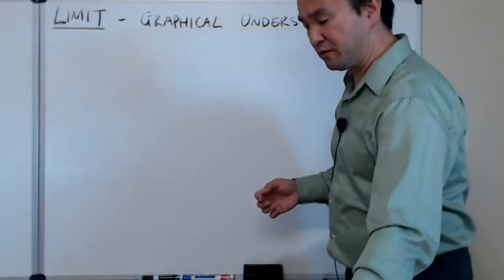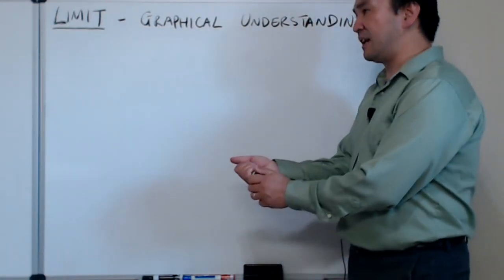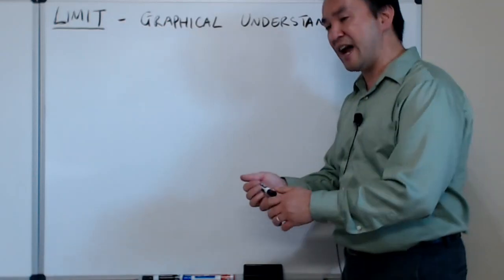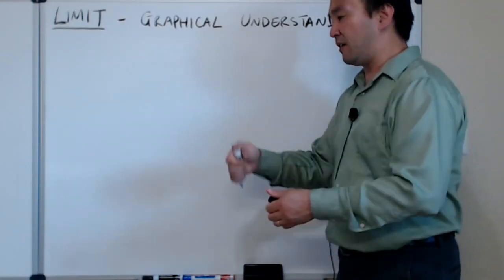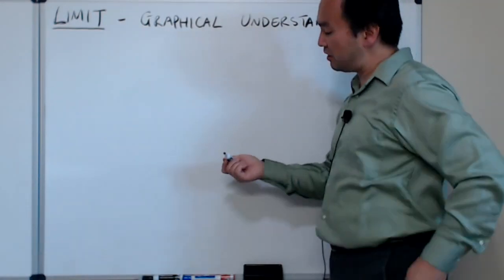To really explain what I mean here, let me fire up an actual example where we're going to apply our graphical understanding of any function to estimating its own limits.